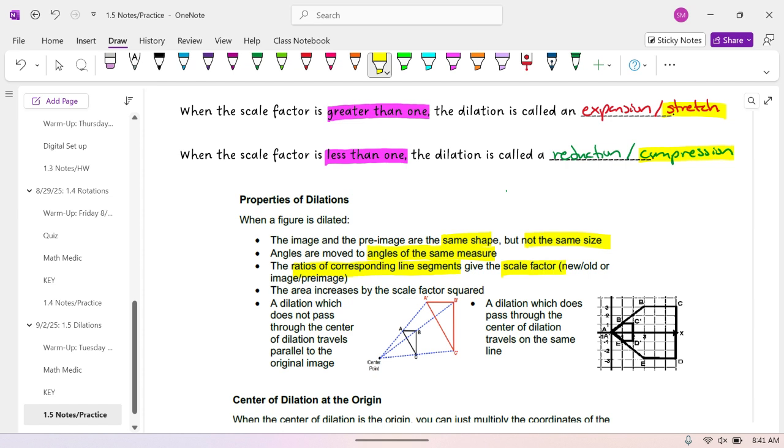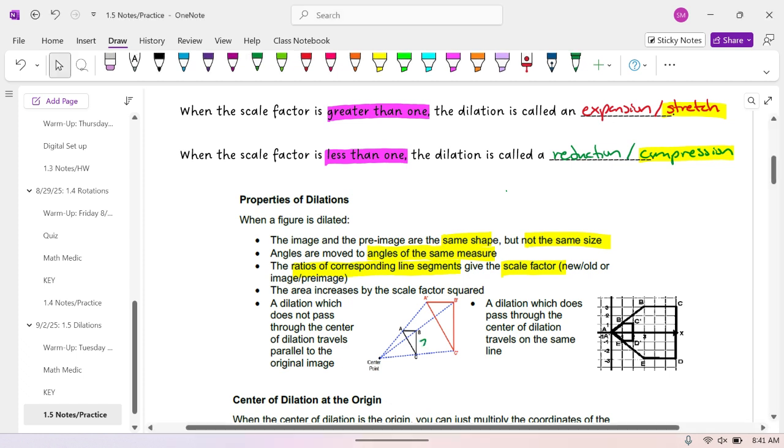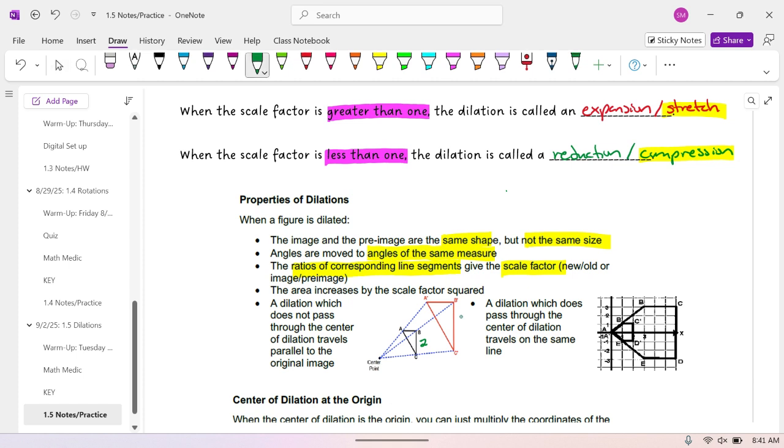So in other words, if I said that line BC on this figure right here was a length of 2, and from the pre-image to the image, we multiply by a scale factor of 2, that means that BC would be a length of 4.